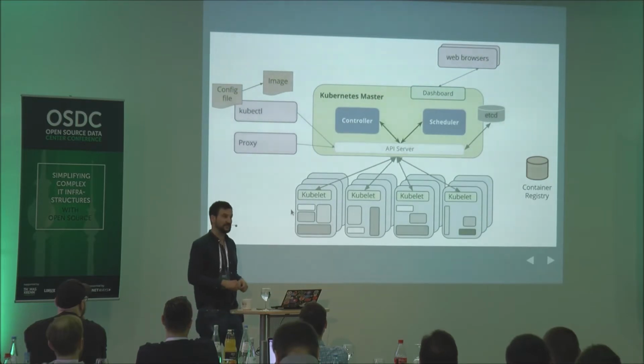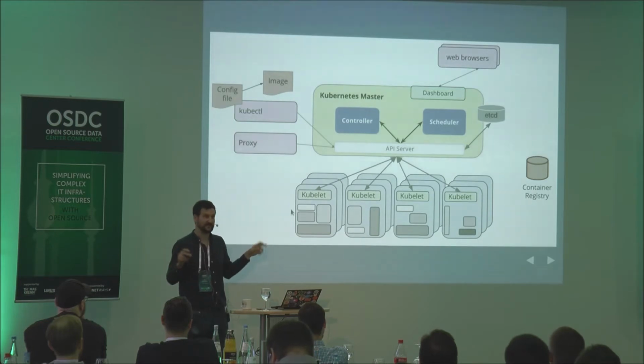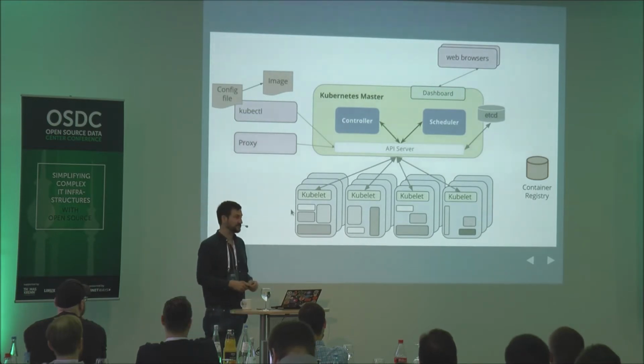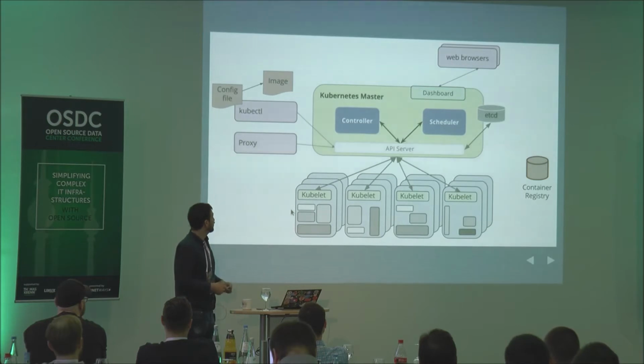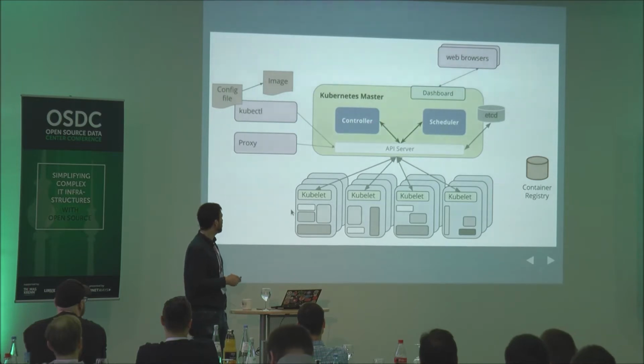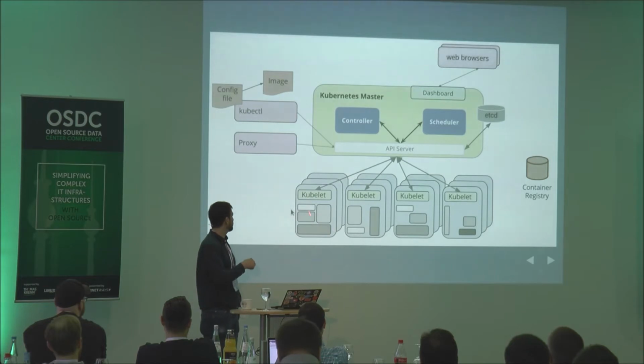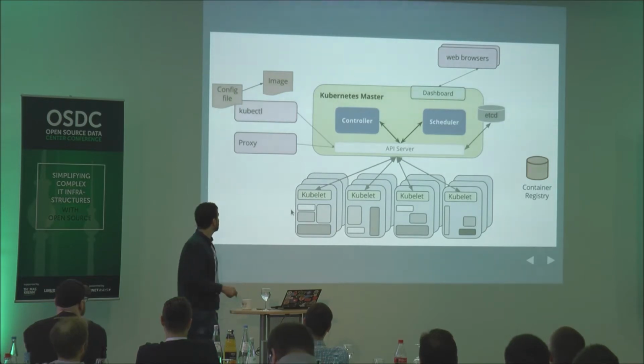So that's a tenant cluster, a Kubernetes cluster, and a typical architecture of a Kubernetes cluster, where you have a controller, a scheduler, and you can run some dashboards on it. You have the API server, and these are the worker nodes, where you schedule your workload, and then you can use kubectl.